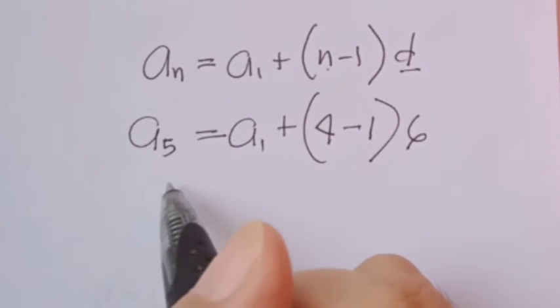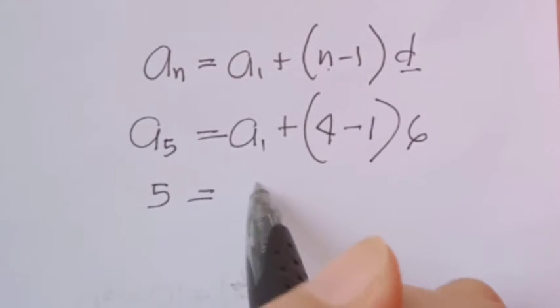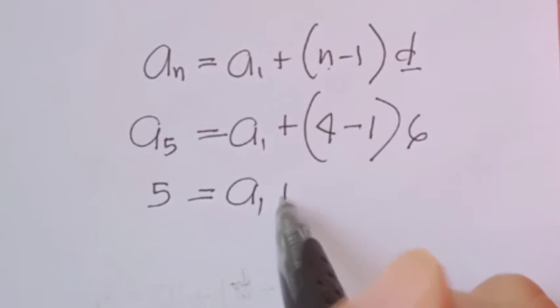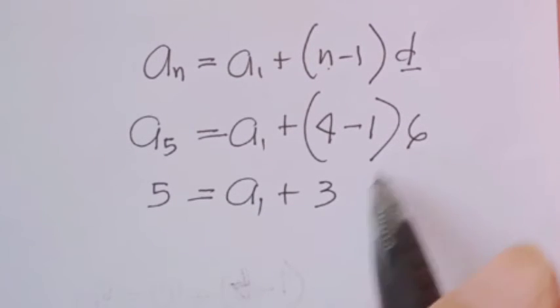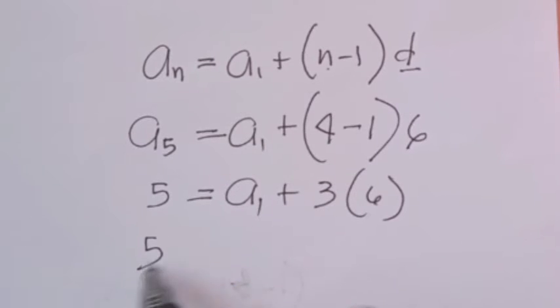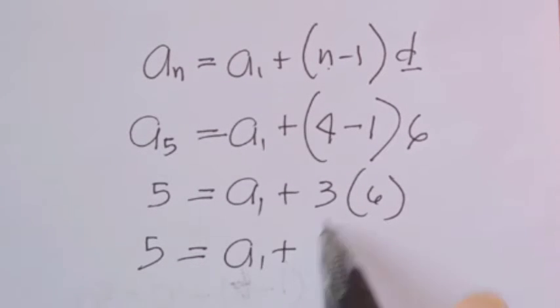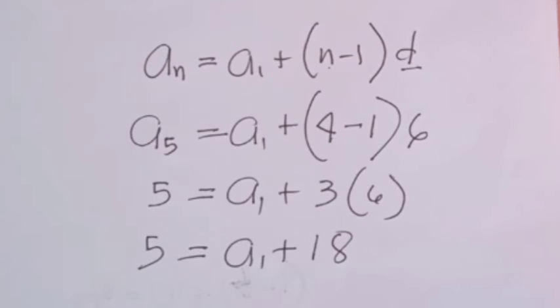Let's simplify. This is 5 equals a sub 1 plus 4 minus 1, which is 3, times 6. Simplify again: 3 times 6 is 18.